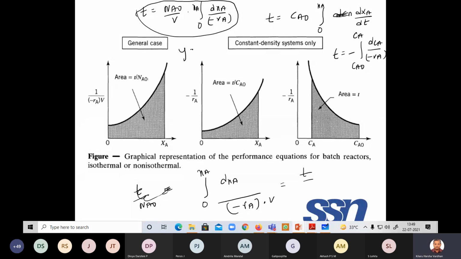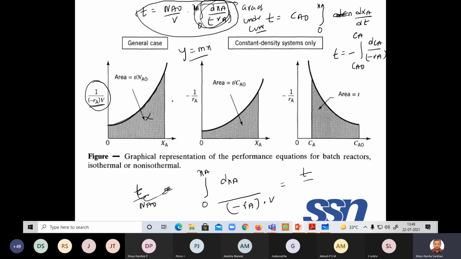You have to write like y is equal to mx. So y is 1 by minus RA by V, because this is an integral. Integral you can find simply as the area under the curve. So if you draw the y-axis as 1 by minus RA by V against XA, the area under the curve will give you this integral.